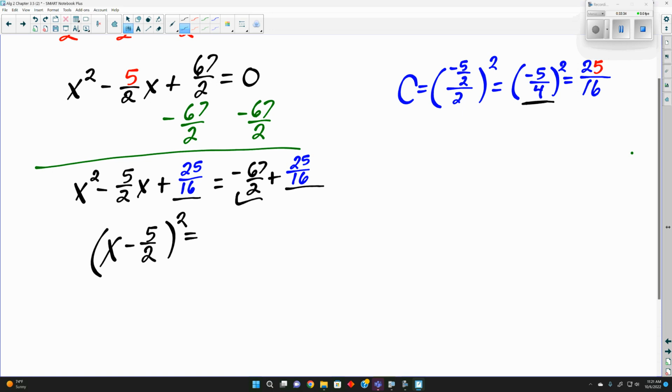Equals negative 67/2 plus 25/16. Those are two fractions. Plug it in a calculator. Let it do it for you. Because we'll have 16. I think it's negative 511.